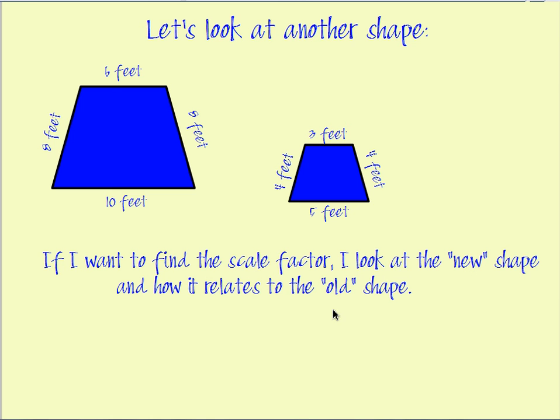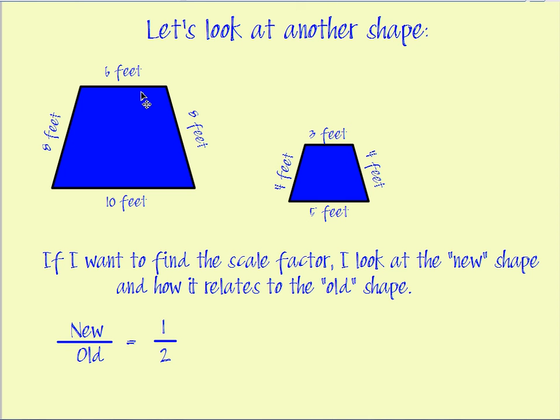If I want to find out the scale factor, I'm going to take a look at the new shape and how it relates to my old original shape. You got to keep that in mind when I'm looking at scale factor. It's new versus old. New's going to go on top of my fraction. Old is going to go in the denominator of my fraction.